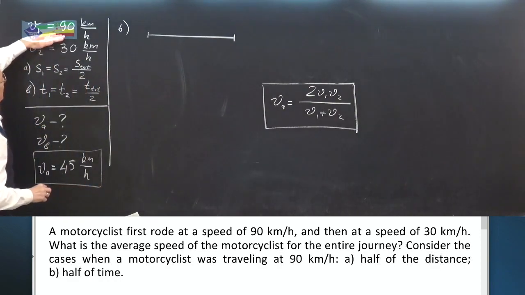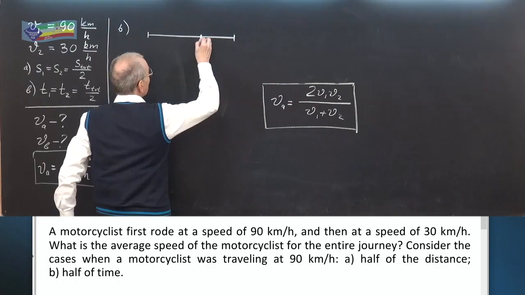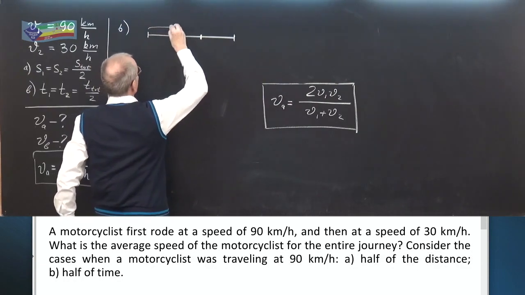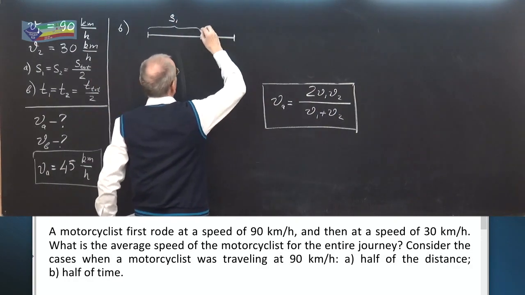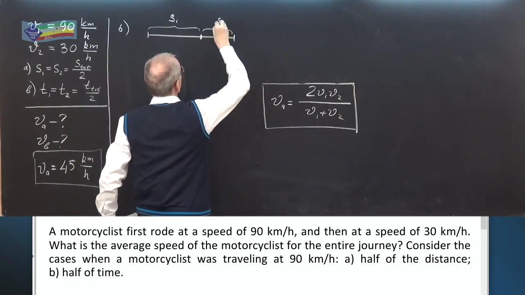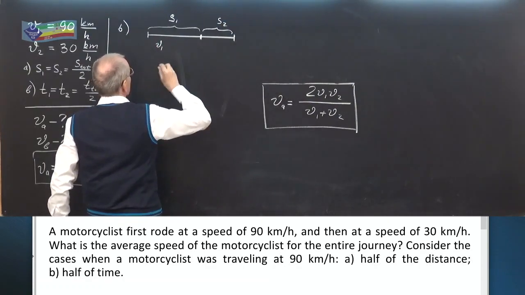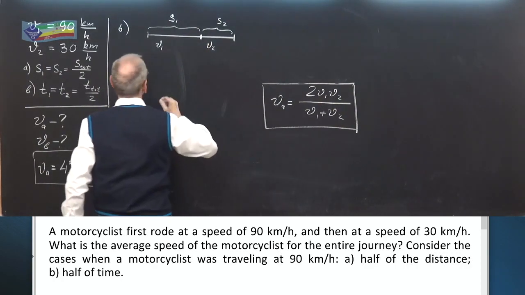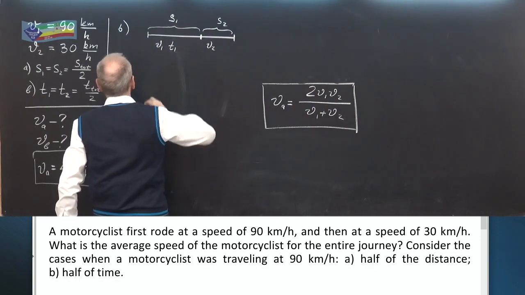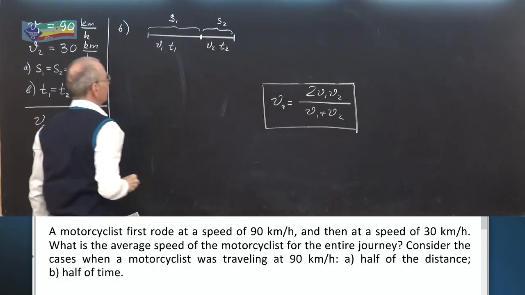Since this speed is greater than this, we can draw the first segment S1 greater than the second segment S2. V1 for the first segment, V2 for the second, T1 for the first segment, T2 for the second.